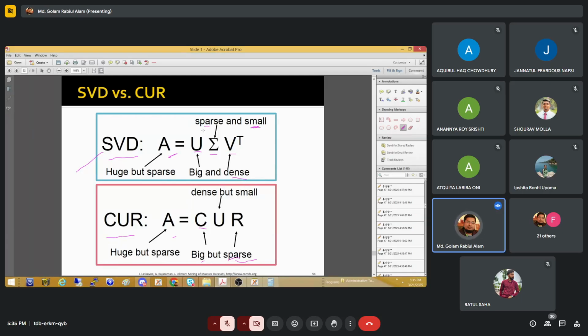You will get many zeros there. But in CUR, the U will be dense but small in size. Both are small, but you will keep the dense one. In the case of SVD, it will be sparse.